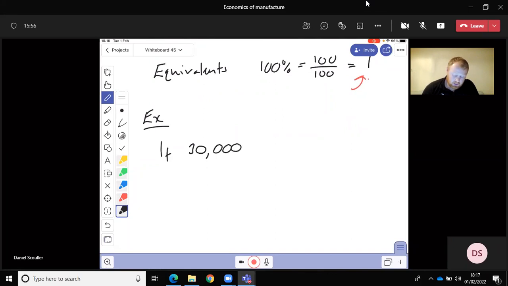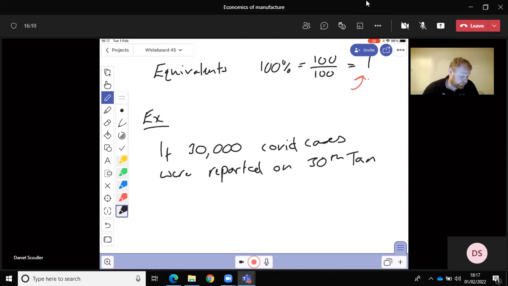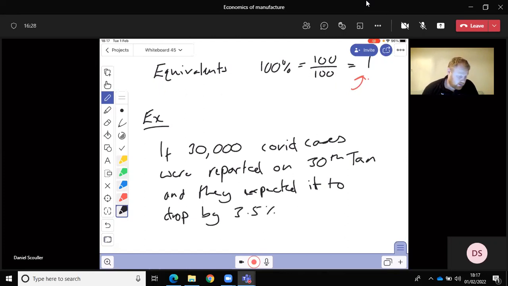30,000 COVID cases were reported on 30th of January. They expected it to drop by 3.5% per day over the coming week.